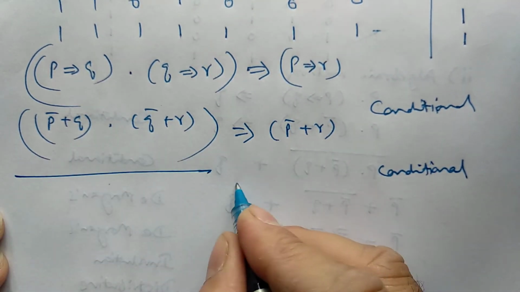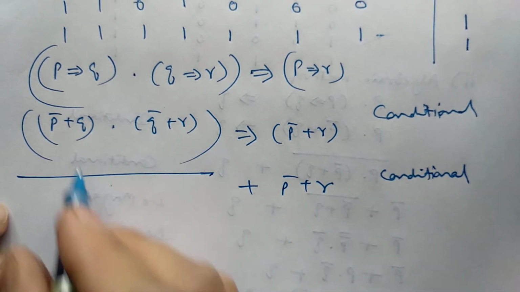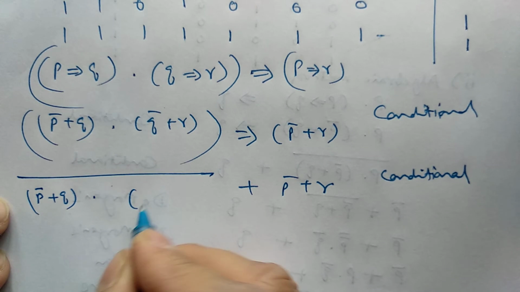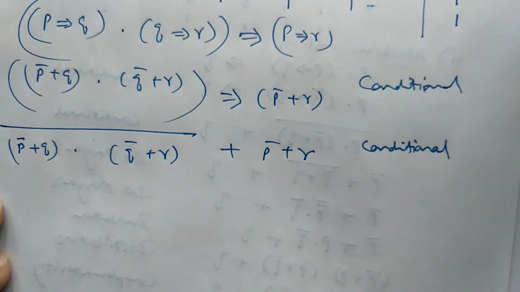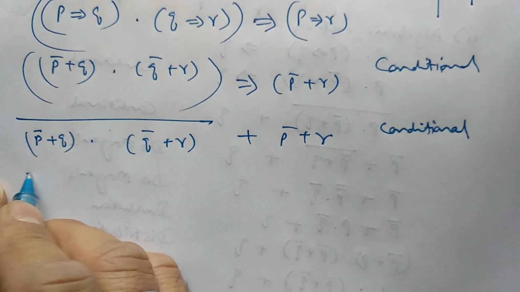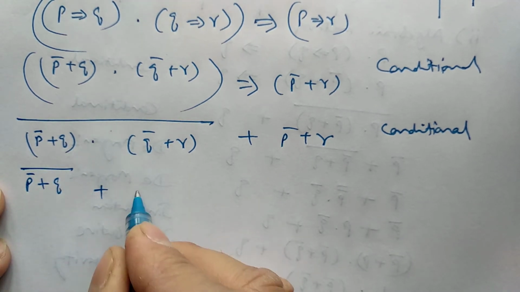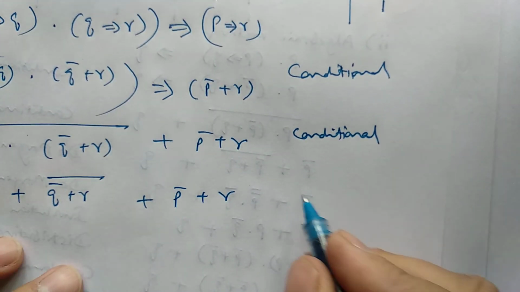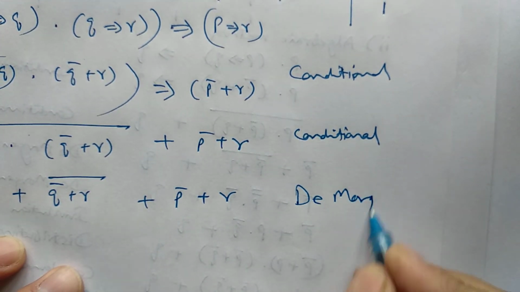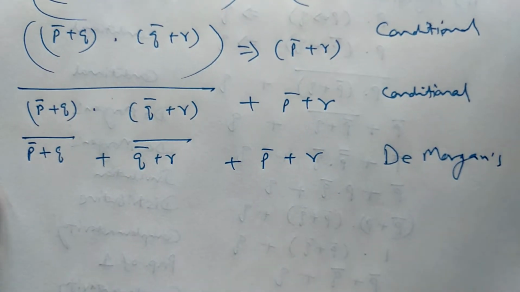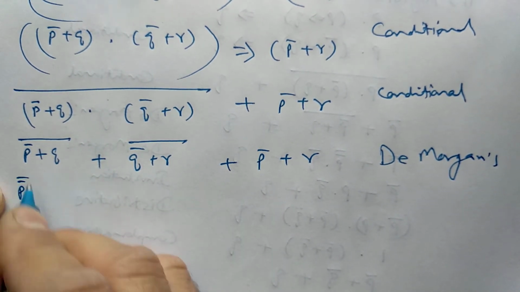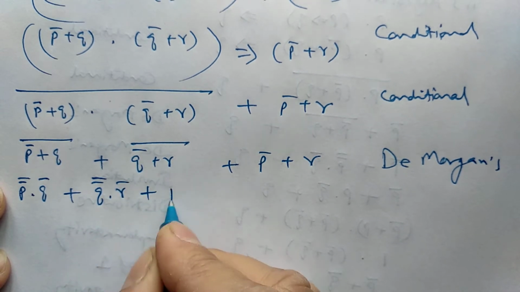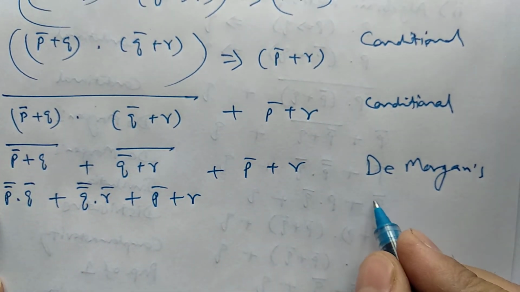So this whole naught or P naught or R. The whole naught is P naught or Q and Q naught or R. Now apply De Morgan's rule: P naught or Q naught, or Q naught or R naught, or P naught or R. This is De Morgan's law. Again apply De Morgan's here: P double naught and Q naught, Q double naught and R naught, P naught or R.